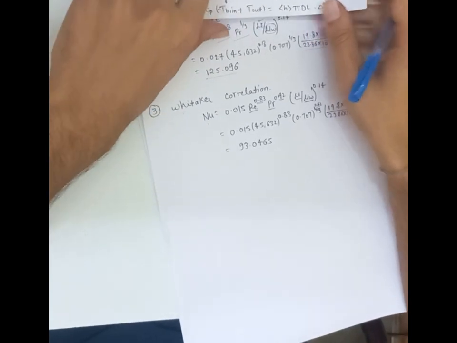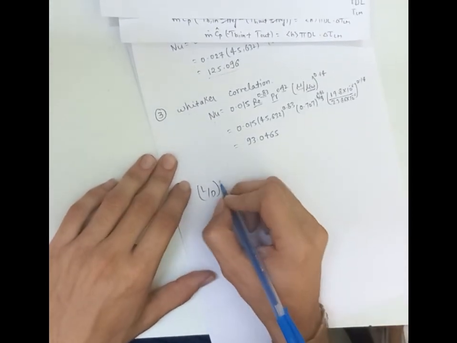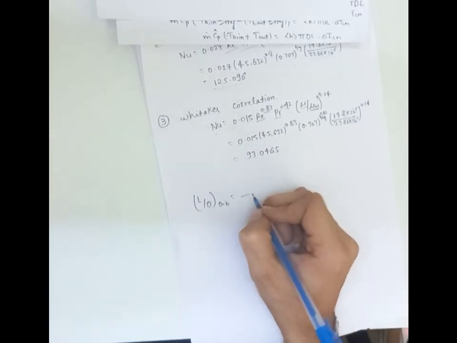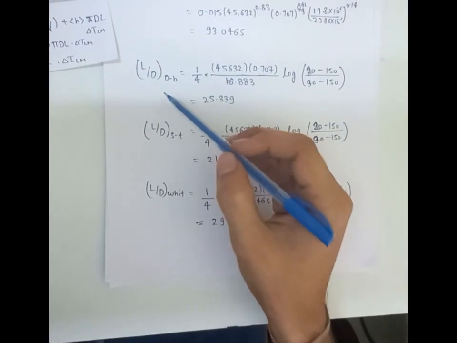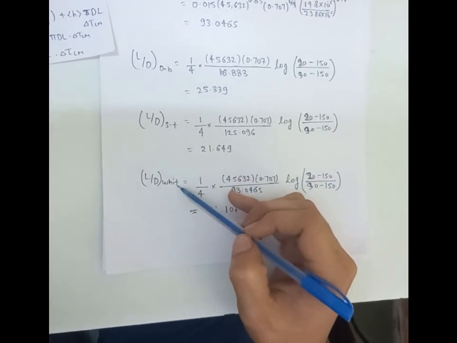So for the first relation, the Dittus-Boelter correlation, we find L by D. Now we have found the value of L by D for Dittus-Boelter, for Sieder-Tate, and for Whittaker.